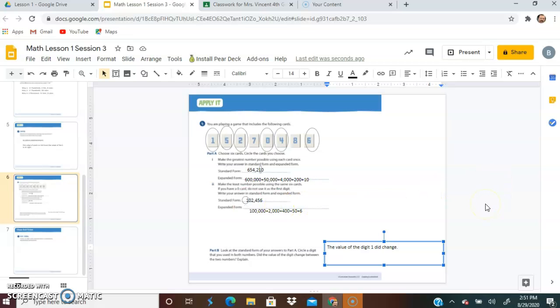So in the greatest number, its value is only 10. But in the least number, its value is 100,000. That's a big difference.